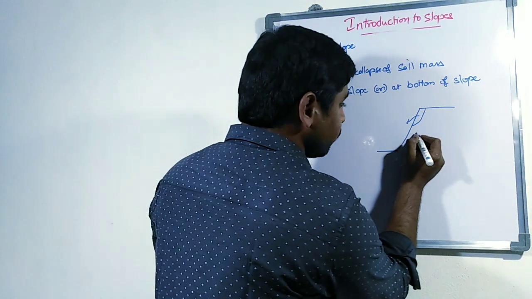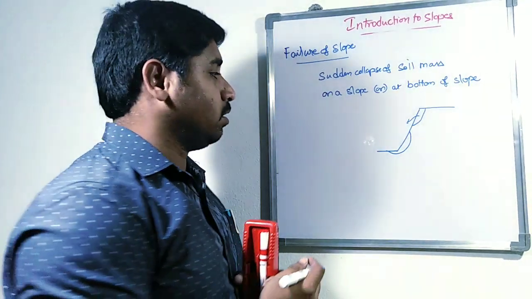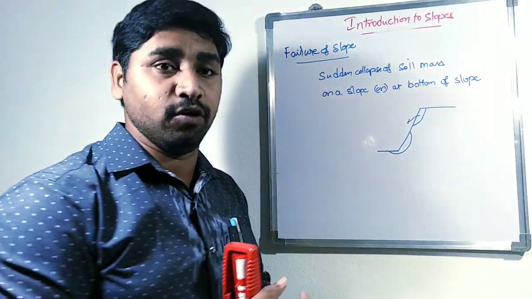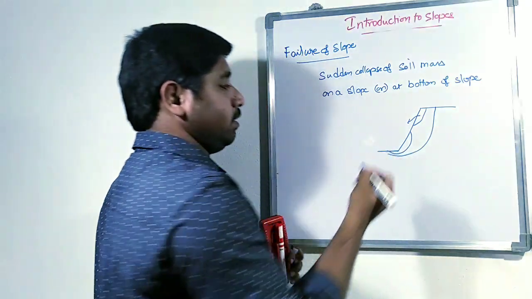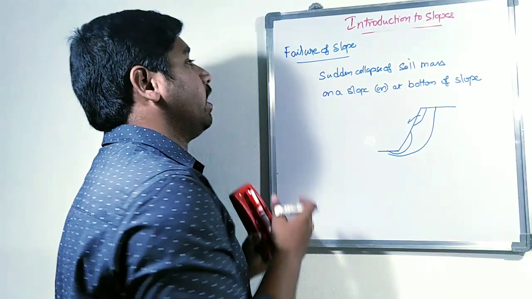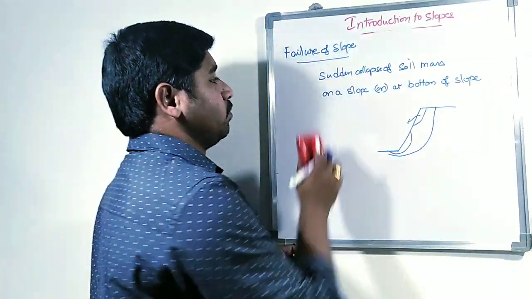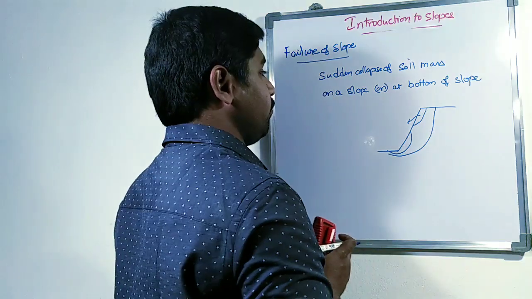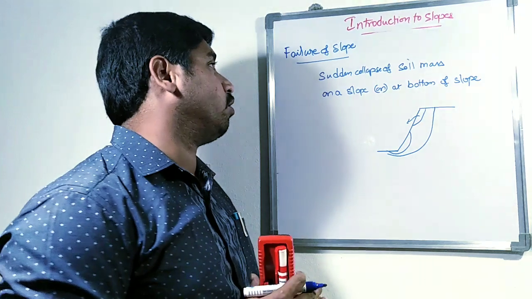Sometimes it may happen at the bottom of the slope, which can also be referred to as failure of slope. Sometimes the slope may completely collapse, which is also considered failure of slope. So the sudden collapse of soil mass on a slope surface or at the bottom of the slope is generally referred to as failure of slope.